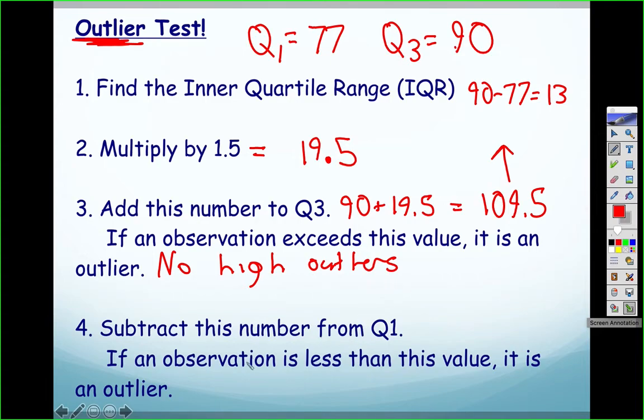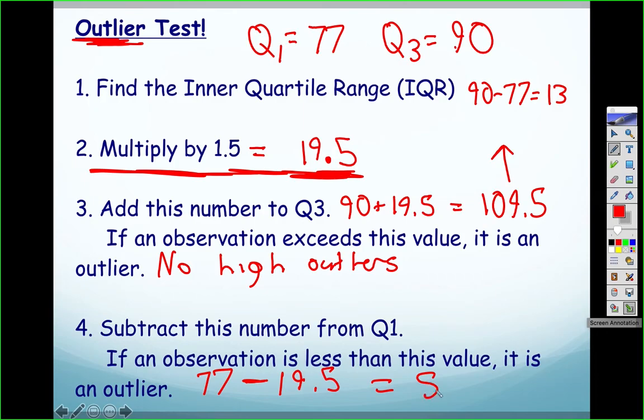The next thing it says is to subtract this number, 19.5, from Q1. Q1 was 77 minus 19.5, so it would be 57.5. Any data point smaller than this is an outlier. So no low outliers, because the lowest one was a 65.